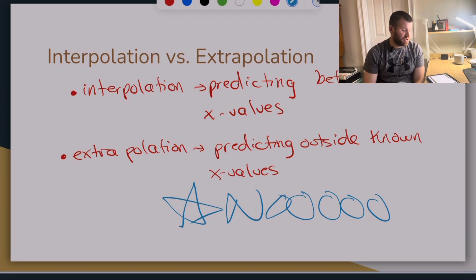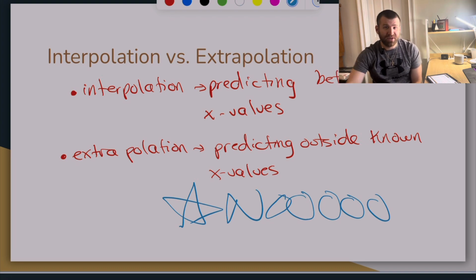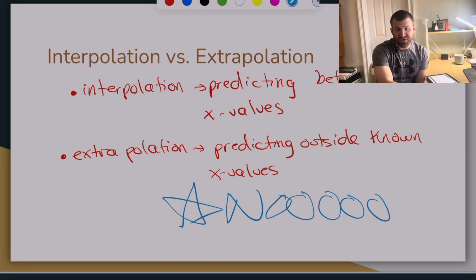So extrapolation is never, ever appropriate. I don't care if it's one more. I don't care if the maximum x value is 50 and I want to predict 51. Doesn't matter because I have no idea. If you can't tell by the size of what I just wrote, never, ever appropriate. And you will be asked about it.